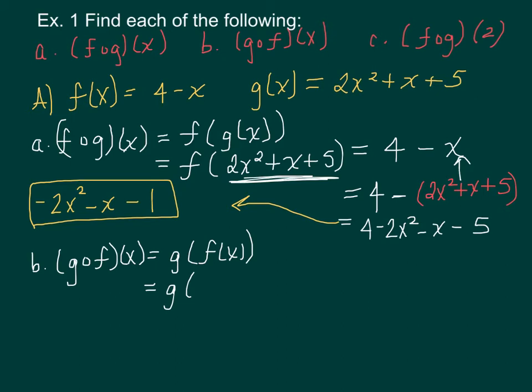So f of x was 4 minus x. So what you're going to do is you're going to plug in that 4 minus x in for x in the g function. So you're going to have 2x squared plus x plus 5. So everywhere I see an x, I'm going to replace it with 4 minus x.